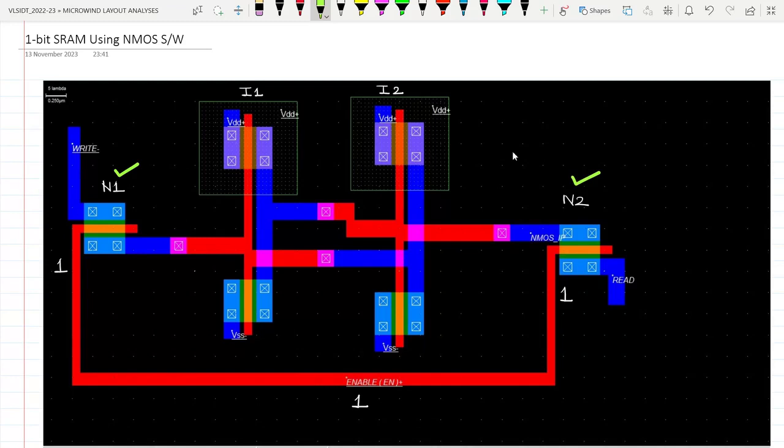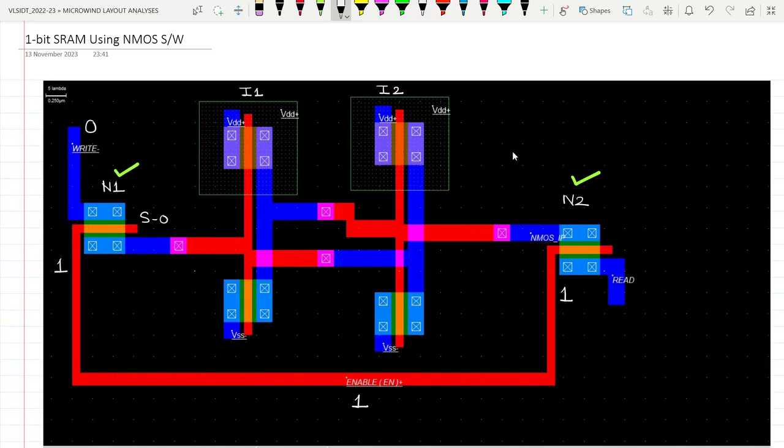So we have a 0 written here. So 0 is applied to the drain of N1 and N1 or NMOS transmits 0 as strong 0.